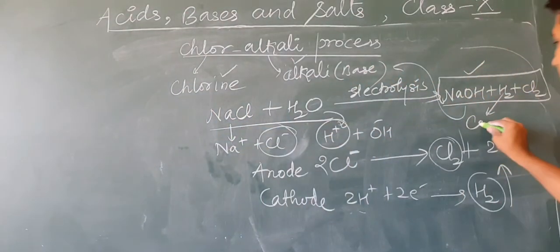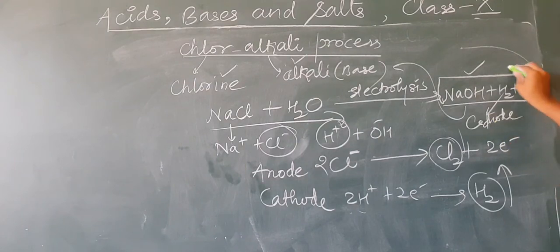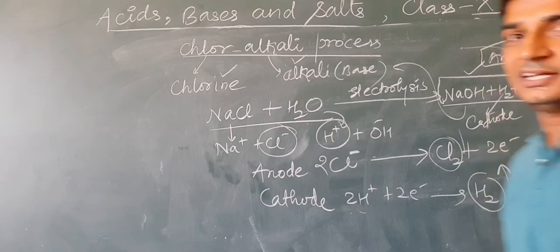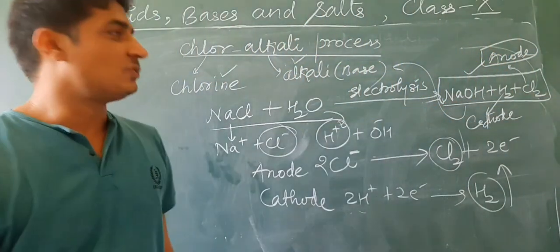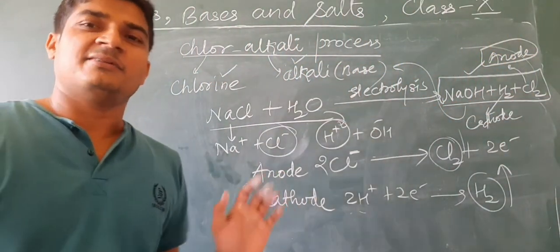So hydrogen gas is released at the cathode and chlorine gas is released at the anode. This process is known as the chlor-alkali process.